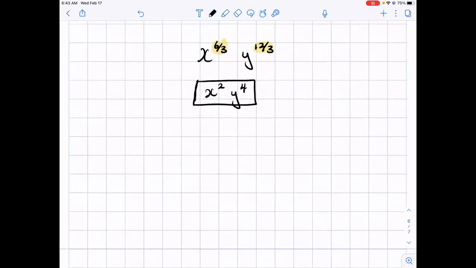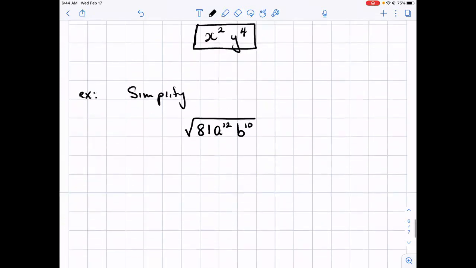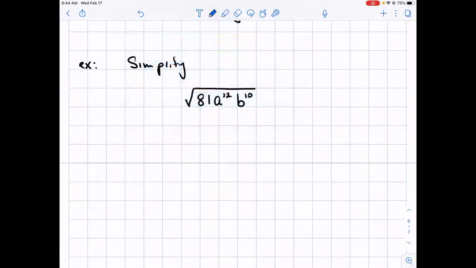Now, let's look at another example. I ask you to simplify, now with a number in there, the square root of 81, a to the 12th, b to the 10th. First, let's rewrite as we did above.